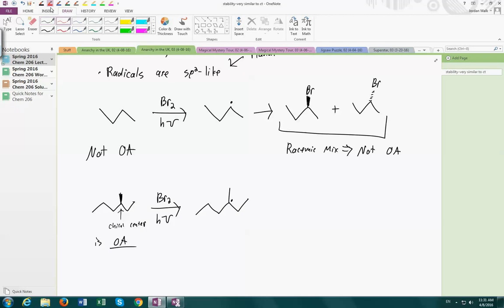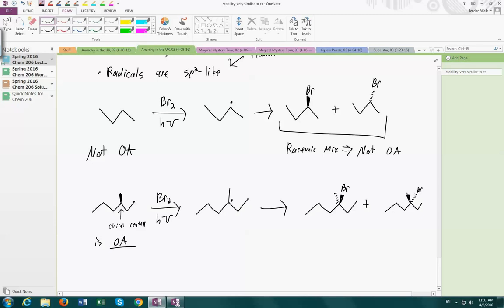And so we had stereochemical information here, right? But as we go to our intermediate, have we retained that stereochemistry? No, because now we've lost the sp3 hybridization. We've turned into an sp2-like hybridized orbital. And so what happens is, again, our bromine can attack from the front, or it can attack from the back.